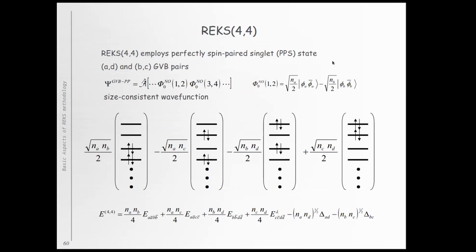In general, the total wave function is represented as an anti-symmetrized product of these geminals. So I need to split all orbitals into respective orbital pairs, and there I can use chemical intuition. For example, if I have pi and pi star orbitals, it's natural to include them into one geminal. So that will be pi, pi star, sigma, sigma star.